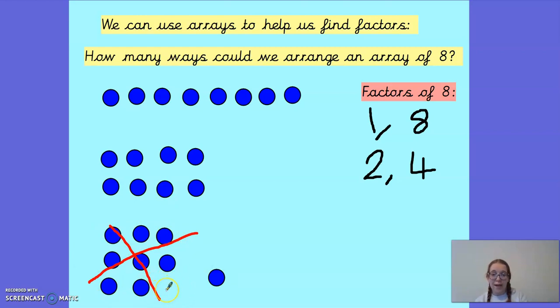I would need one more there. So that tells me that my factors of 8 are 1, 2, 4 and 8. I also know because I've got 4 and that's over half, I don't need to keep counting my arrays. So that's one way we can use arrays to help us find factors.